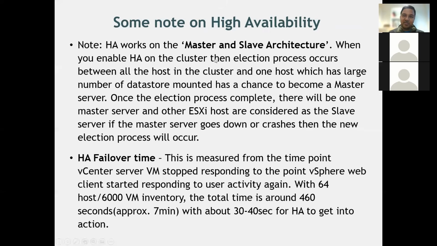Means in the VMware software, they decide by election automatically who will be the master. And all the hosts in the cluster will vote for who will be the master. And the decision is based on who has the largest amount of data stored.